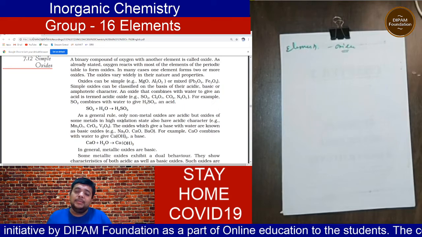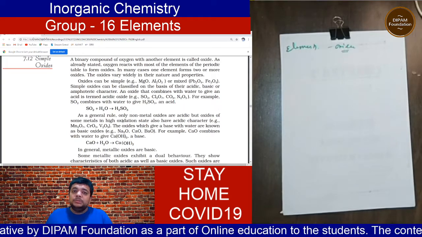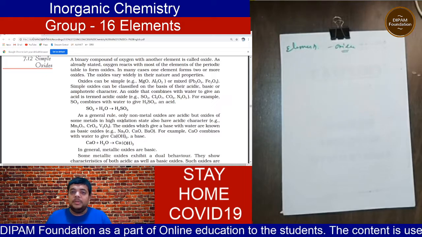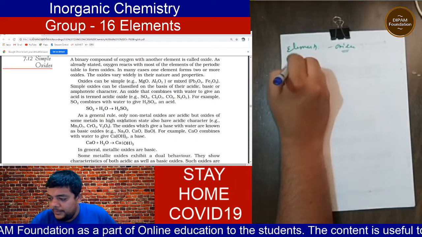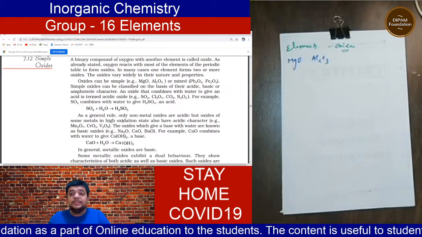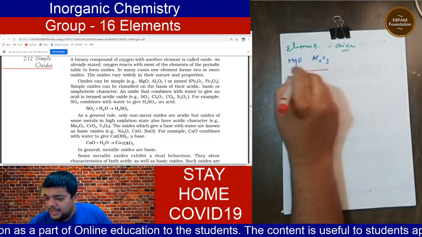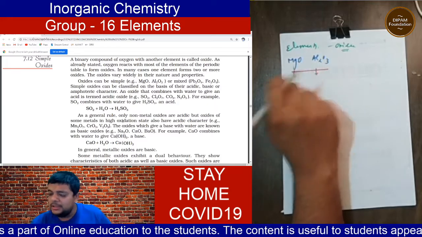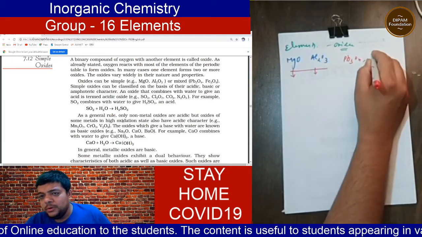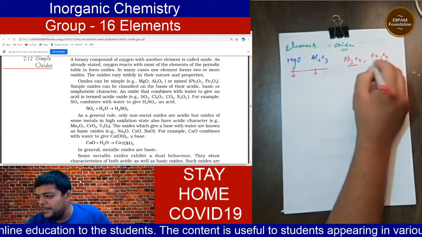What properties? Their acidity, their basicity, their oxidation power, like this. So, whenever it comes to oxides, most of the elements form oxides. But what about non-metal oxides? What about metal oxides and what about their properties? We'll look over here. A binary compound of oxygen with another element is called oxide.